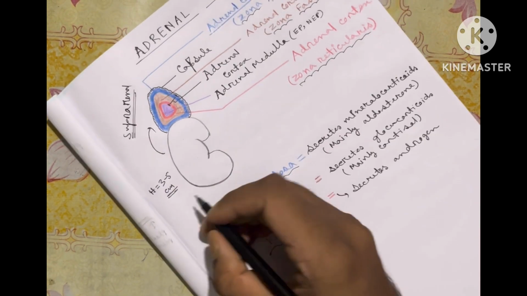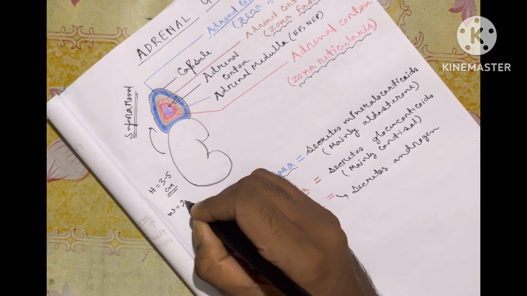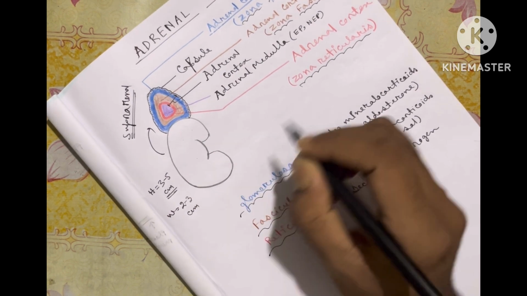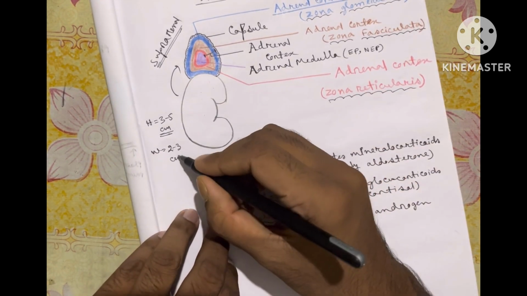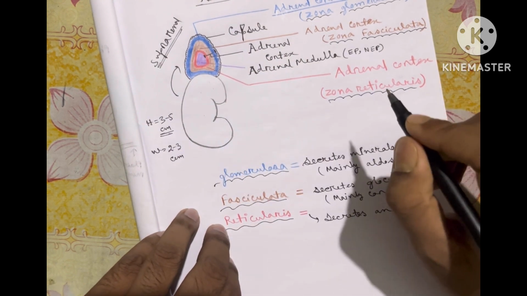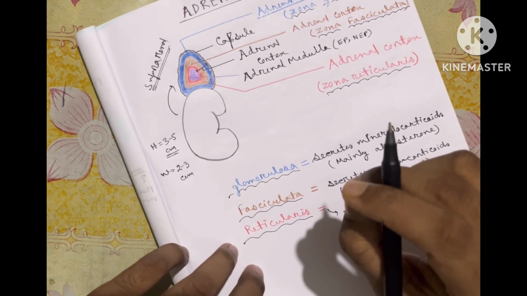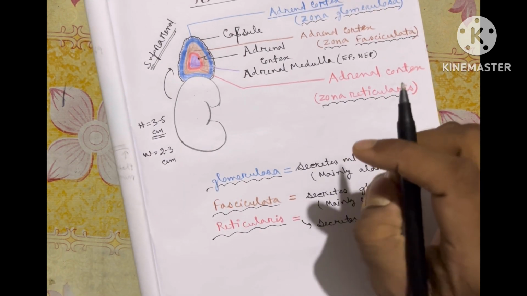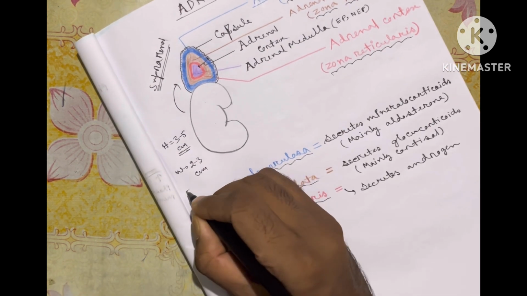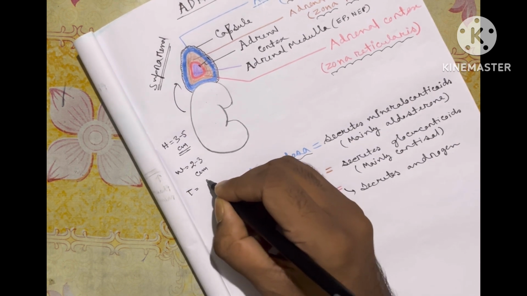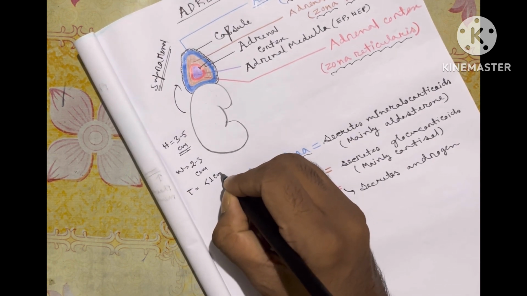And what is the width? Width is 2 to 3 centimeter. And what is the thickness? Thickness is less than 1 centimeter.